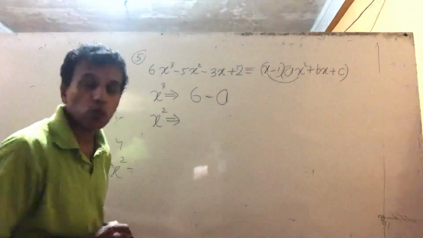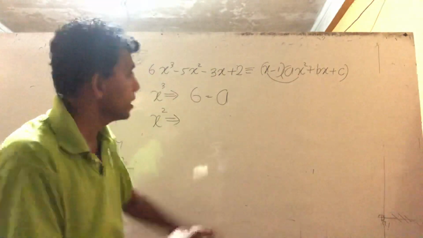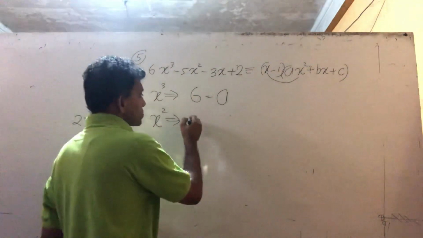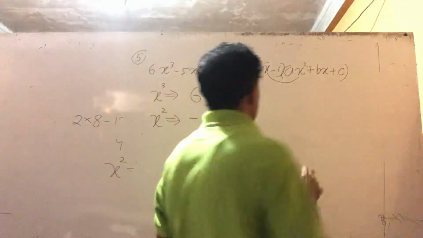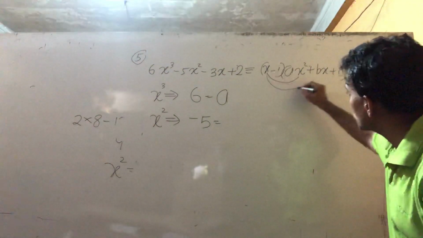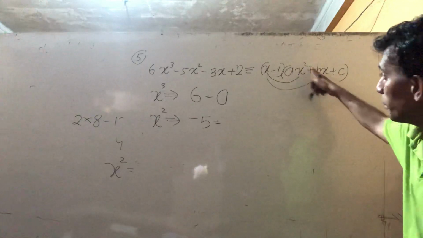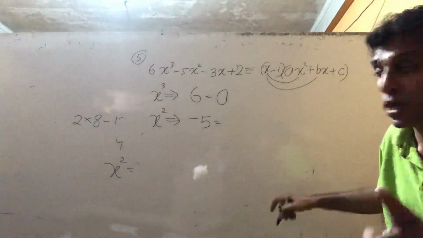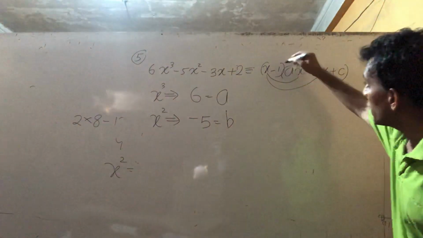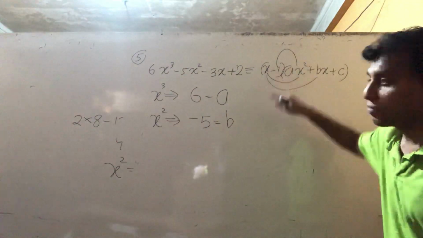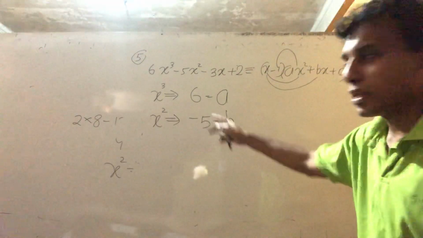Next we see the x squared coefficient. See how many x squares on both sides. In front of the number, here it is minus 5. Here, see how many x squares come if you multiply this into this: x into b x gives b x squared, so the coefficient is b. Any other? And multiplying by minus 1 in this bracket gives minus 1 into a x squared, so the coefficient is minus a. If you multiply the brackets, you can see the longest part and quickly identify that.